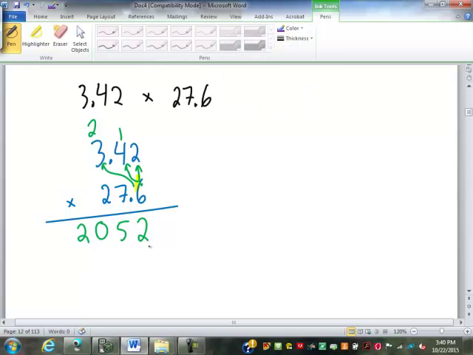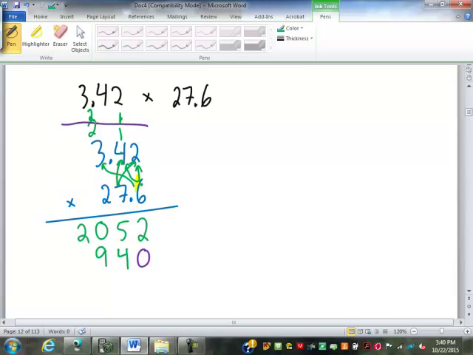Before we do the 7, put the 0 or a blank space there, one of the two. I also like to do this so that I don't confuse my carrying. So now what? 7 times 2 is 14, so 4, carry the 1. 7 times 4 is 28, plus 1 is 29.